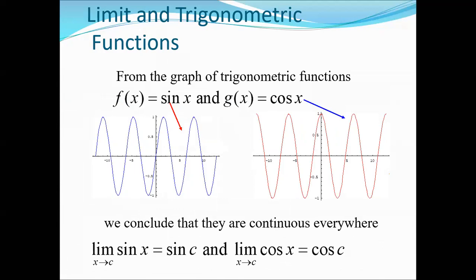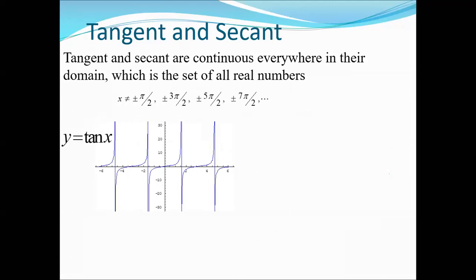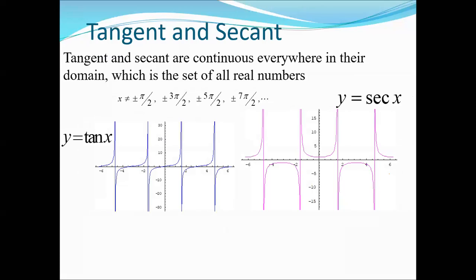At any point, the limiting value is the value at that point. And for tan and cot, or tan and sec, at pi by 2 or minus pi by 2, the value of tan is infinity. Okay, tan pi by 2 is infinity, tan minus pi by 2 is minus infinity.